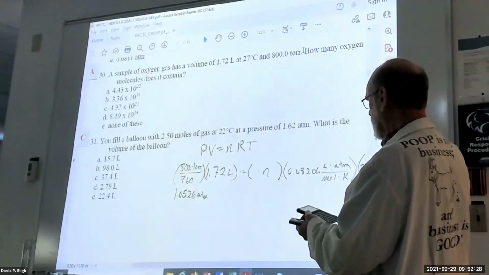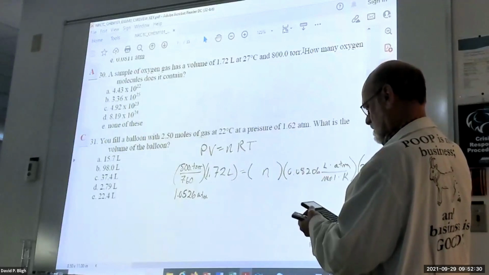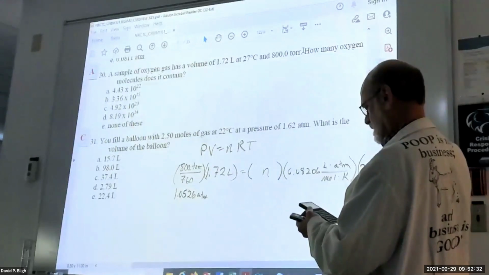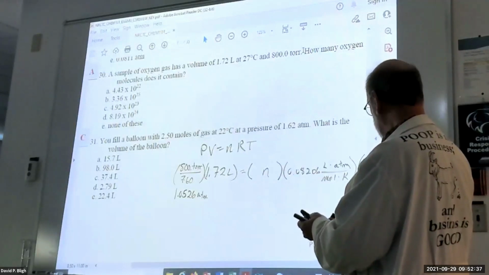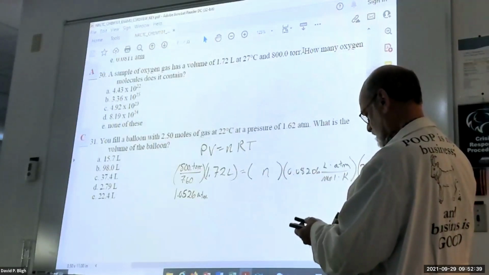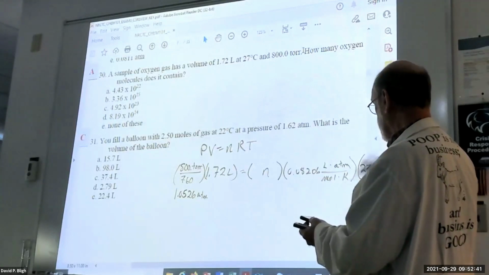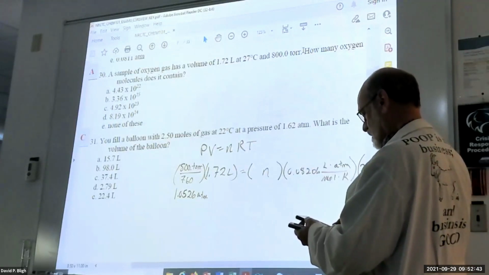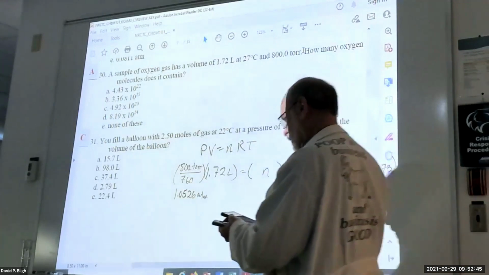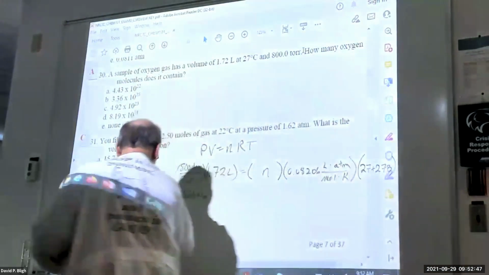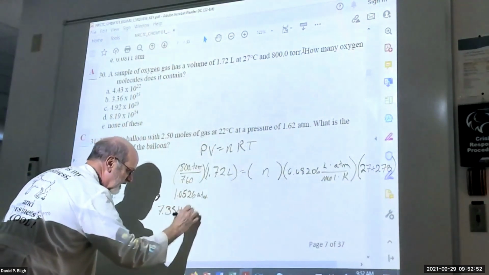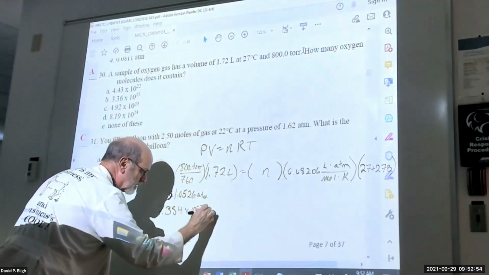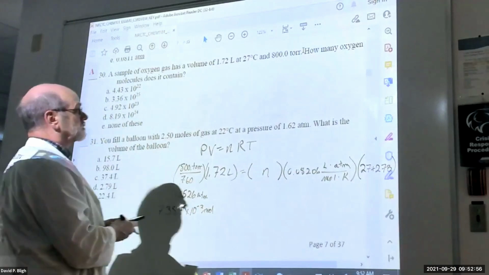Did I divide that already? I think I did. We'll soon find out. And then 27 plus 273 and divide that into it also. So I get 7.354 times 10 to the minus 2 moles of oxygen.